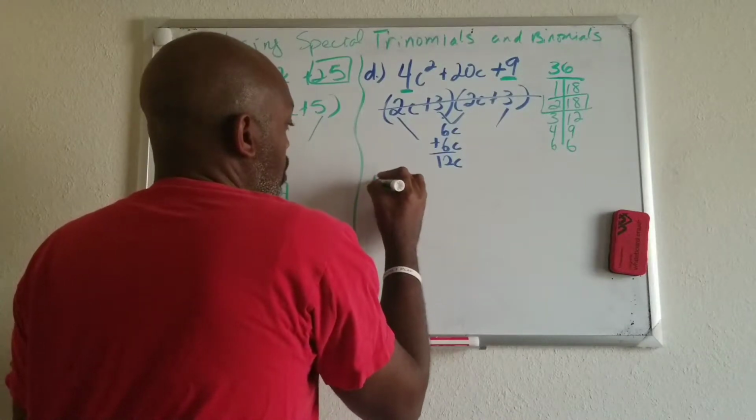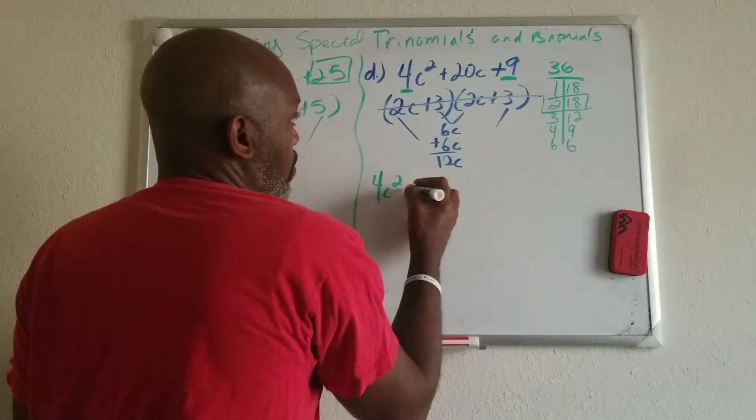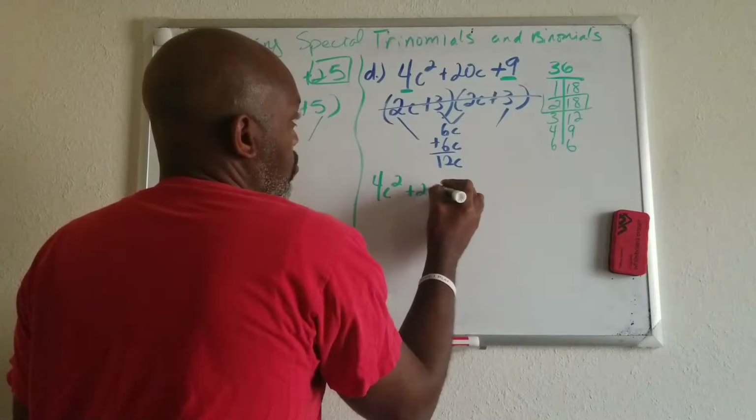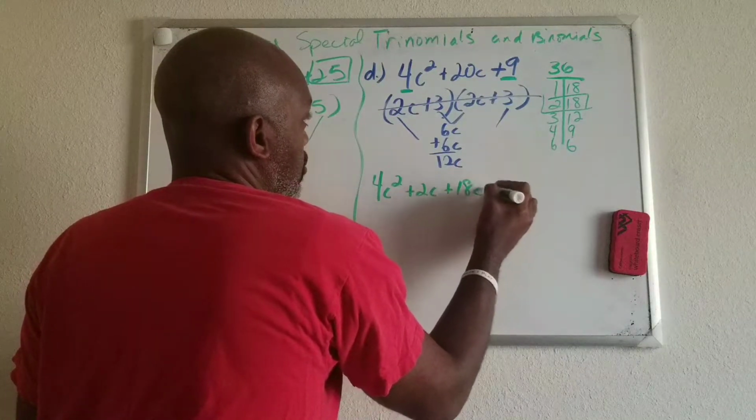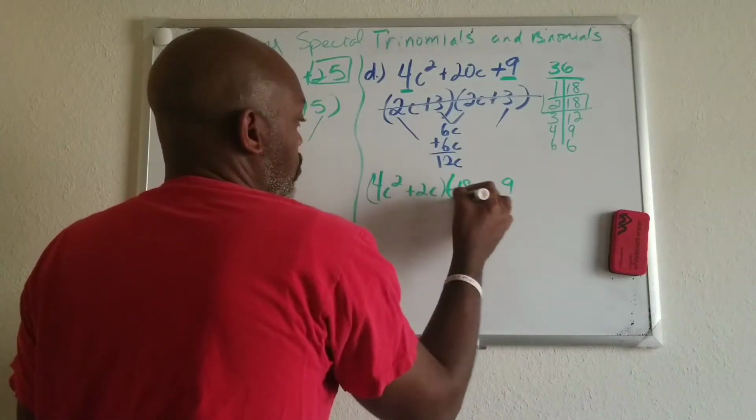And we're going to use that to solve the trinomial: 4c squared plus 2c plus 18c plus 9. There are 4 terms, so we're going to factor by grouping.